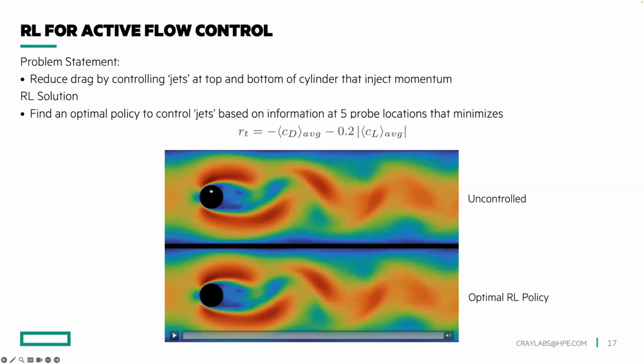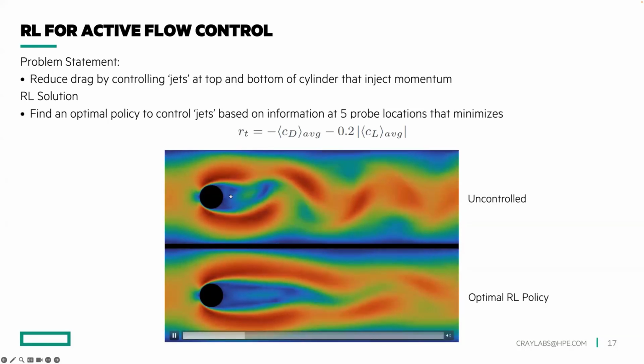On top and on the bottom of this obstacle, they put some jets which can reduce or increase the momentum locally. And the idea is to reduce the drag, so to have a less turbulent flow after the obstacle is passed by the flow.